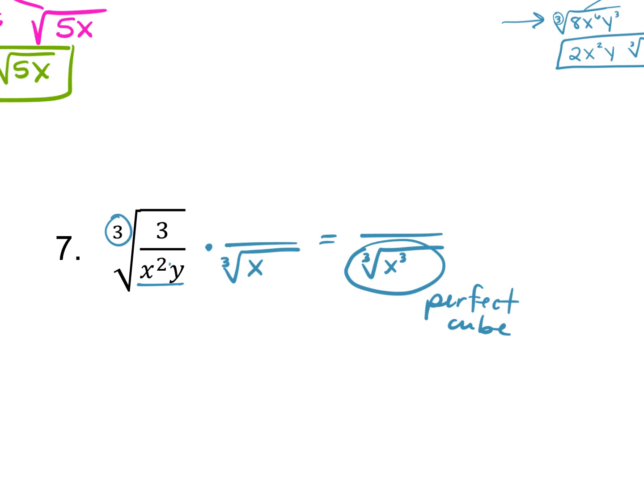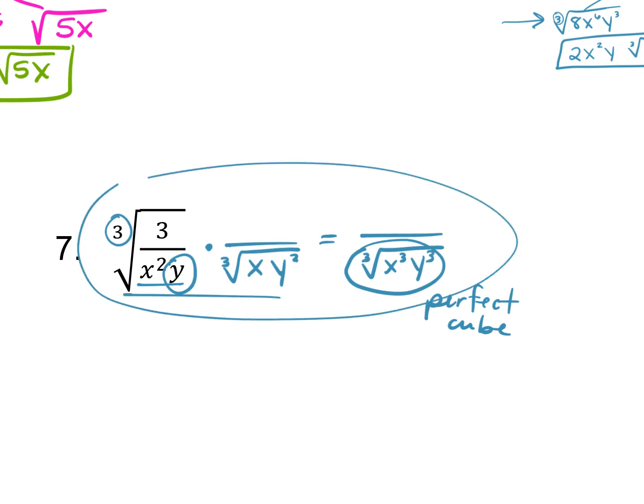The y, I have a y right now. I would have to multiply by y squared to make that y cubed when I multiply across. So notice this is an equation, right? I'm saying this times this equals this.